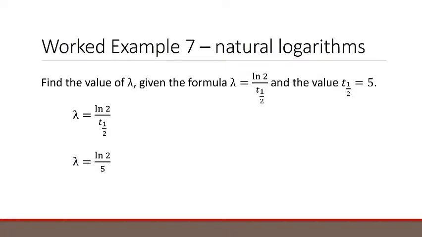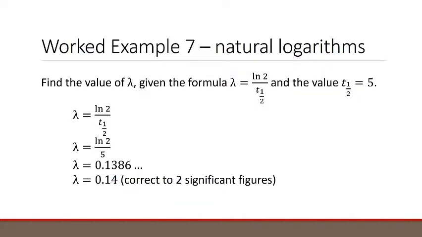But we substitute the bottom with 5. That next step we can do on the calculator. And we find out that natural logarithm of 2, so ln2, divided by 5, we get a number 0.1386, and it keeps going, which is 0.14 correct to 2 significant figures.